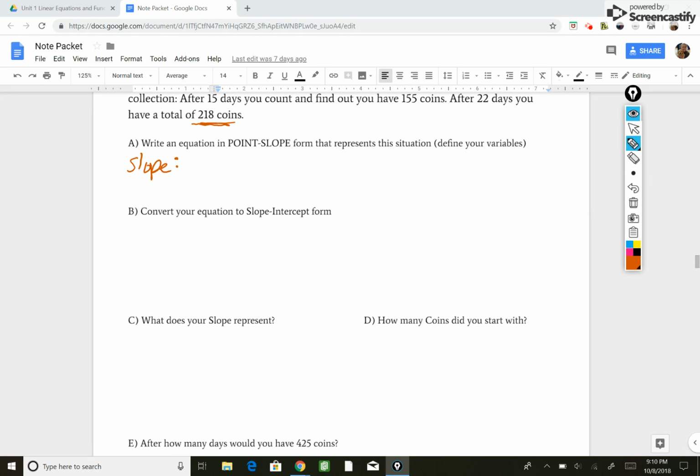So you go from 155 coins to 218. So I'm going to do 218 minus 155 over 22 days minus 15 days. That gives me a slope of 63 over 7, which is 9. The top was just the difference of the coins over the difference of the days to get my slope.